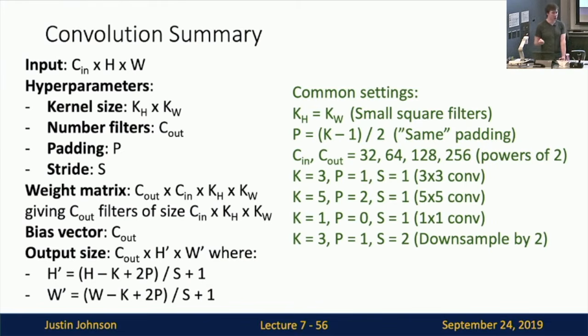You'll see these types of configurations very commonly. And it's also very common to see a convolution layer with 3 by 3 kernels, a padding of 1 and a stride of 2, that then is a spatial downsampling by a factor of 2 using a convolution layer. So these are all settings that you'll see very commonly in convolution.